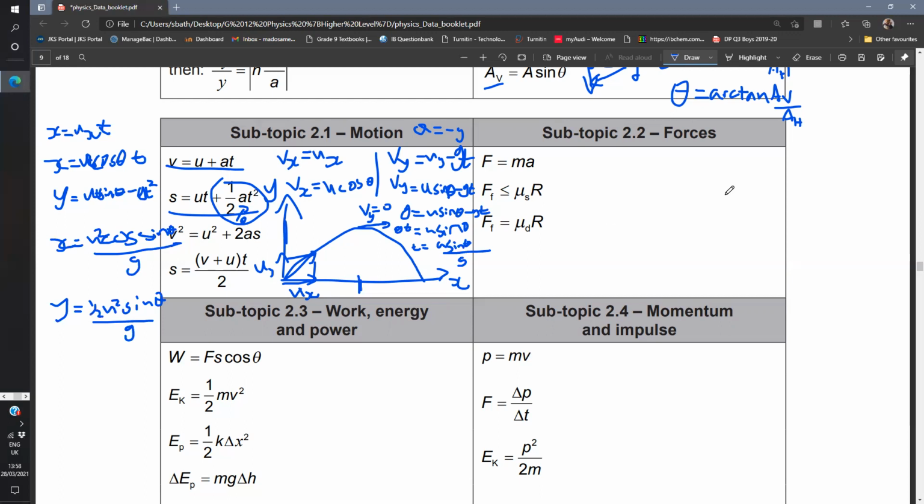And what about if we want to find the maximum distance for the whole trip? You could find this and double it, so it's going to be 2 times this. Or you could say that when y is equal to 0, you use this formula. So 0 is equal to ut sine theta minus half gt squared.